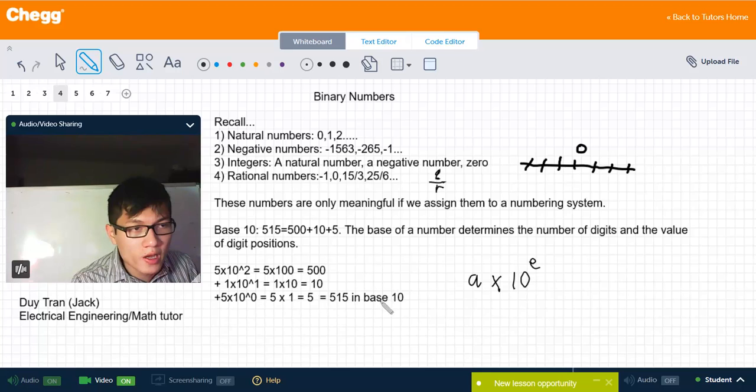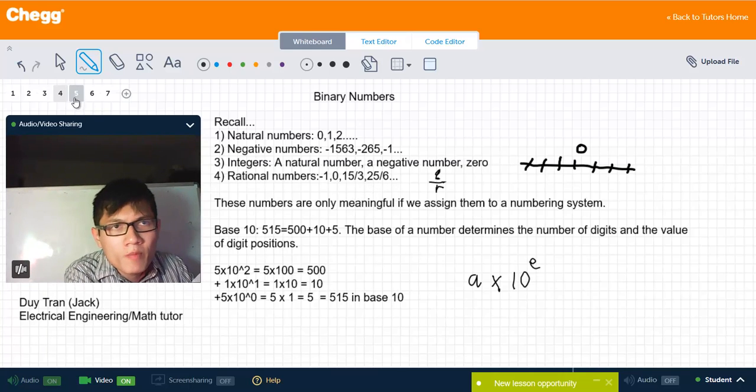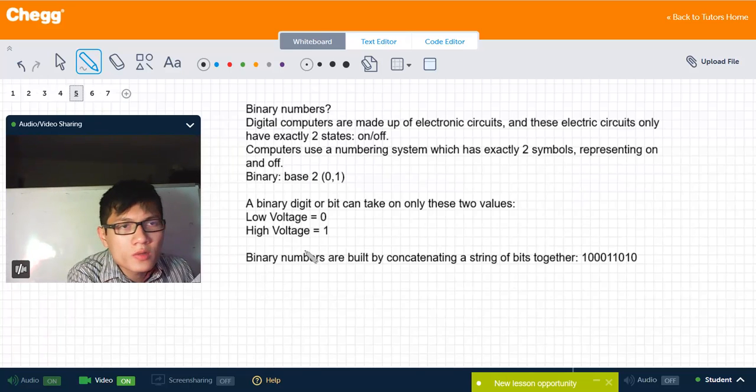In base 10, we use this kind of system to do all kinds of calculation in math, calculus, physics and so on. Now let's move on to study another type of numbering system, which is binary numbers.